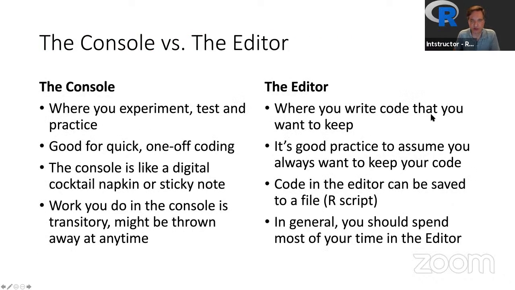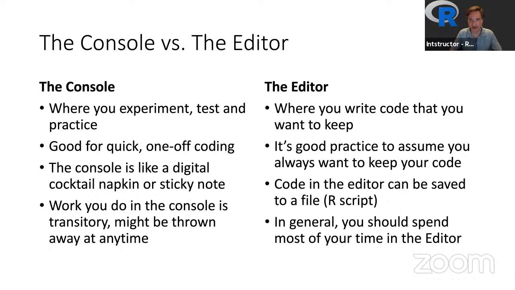Let me just quickly do a console versus the editor discussion. Think of the console as a place where you can experiment, you can test, you can practice your code. I like to think about this as like a sticky note or maybe a cocktail napkin where you're taking quick notes down. This is a place to test things out. The problem with the console is, in general, your work is not saved in the console. So let's say you're writing a script to do some data analysis.